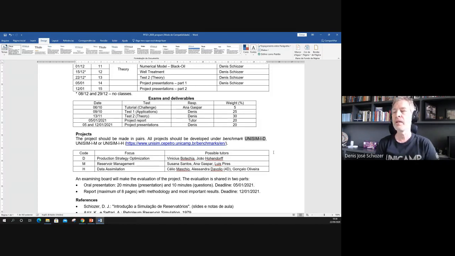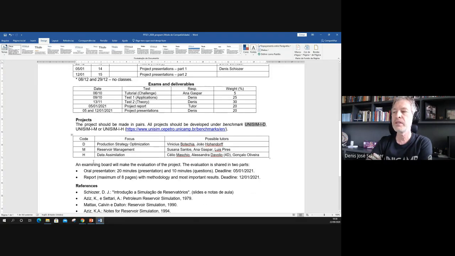It's much easier to run than the other models. But if you have any project with your advisor where you are using a simulator and you want to use another model, please let me know as soon as possible. Then we're going to try to select a different project for you.